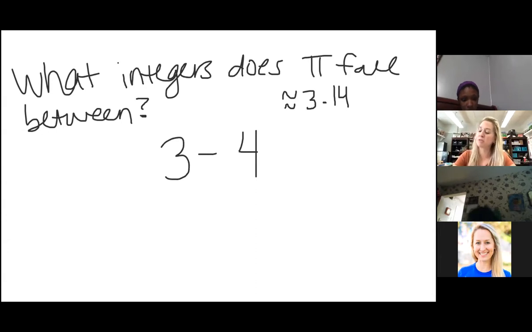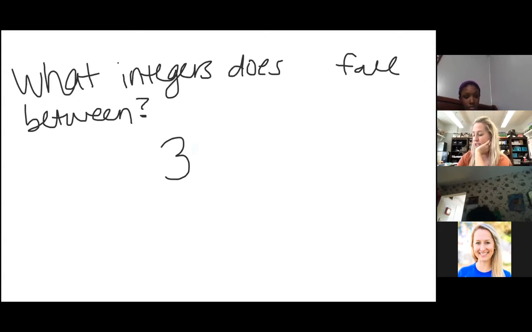So if pi falls between 3 and 4, because we estimate that, I'm just going to change the number. I want you to keep telling me what the integers are that it falls between. So maybe you number that 1, number 2. This is the same question, I'm just going to change what the number is.